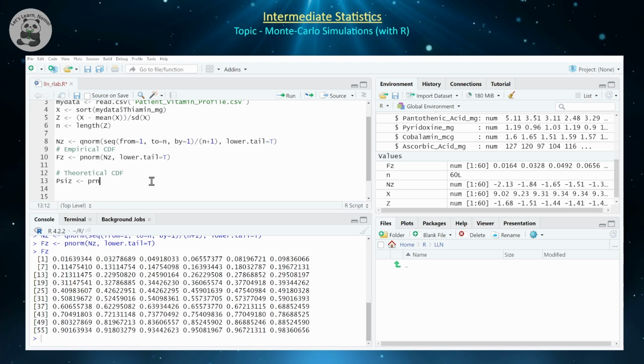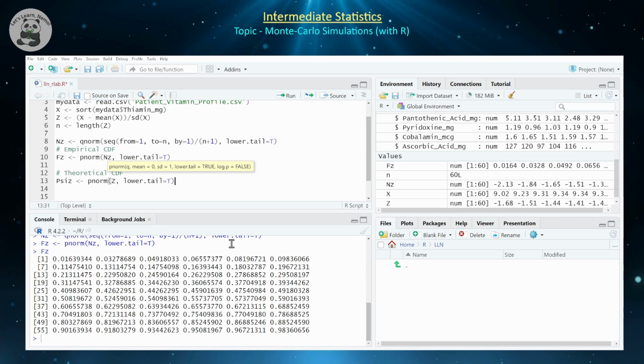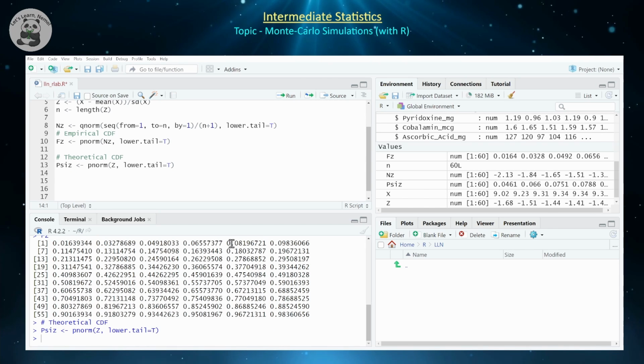So psi z is going to be, again, pnorm, but we're going to be comparing those to our actual sample values, which we stored in the vector z. That's also going to be lower tail equal to TRUE, and that's going to be the values that we're going to compare our F values to.